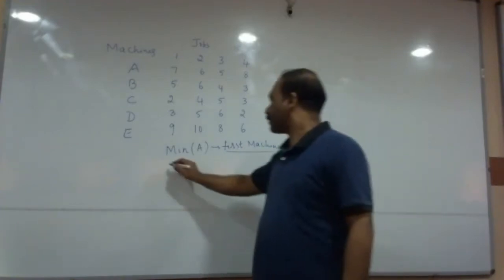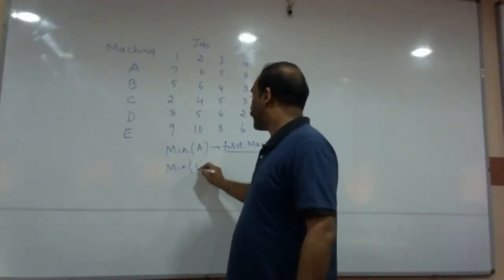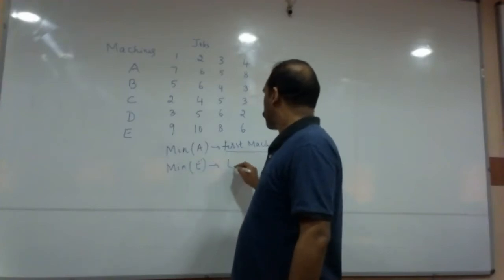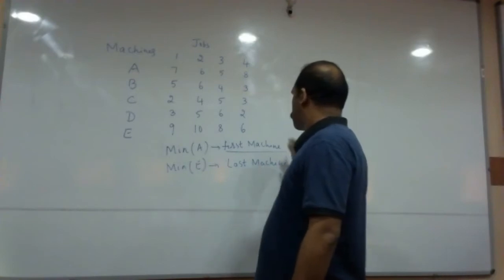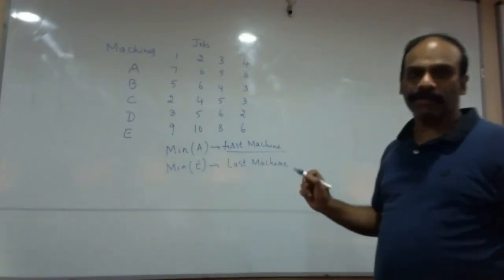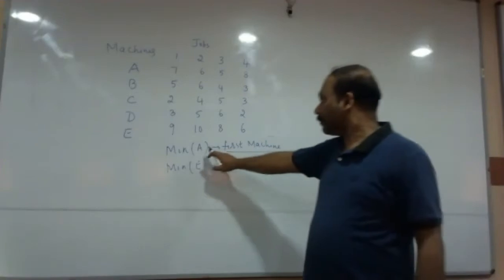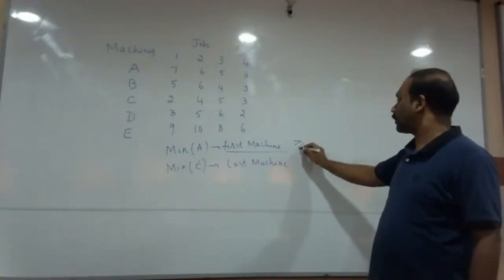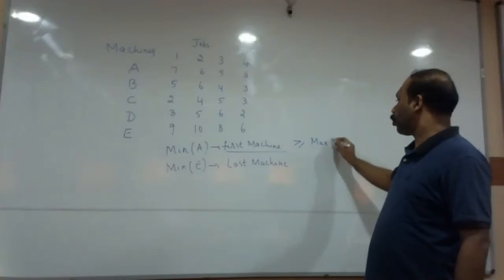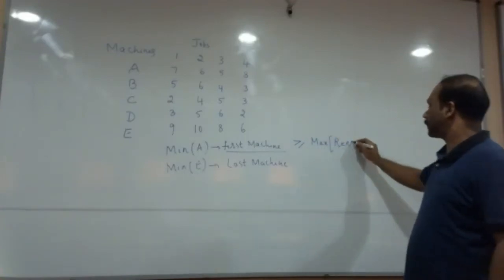And second is the minimum of E. Here why E? E is nothing but the last machine. The first machine and the last machine have to be considered. The minimum of the first machine and the last machine should be greater than or equal to the maximum of the remaining machines.